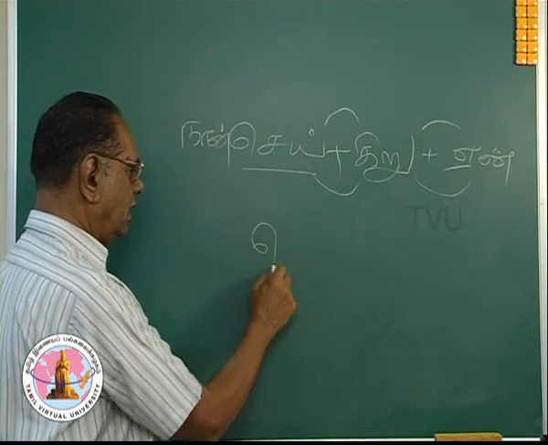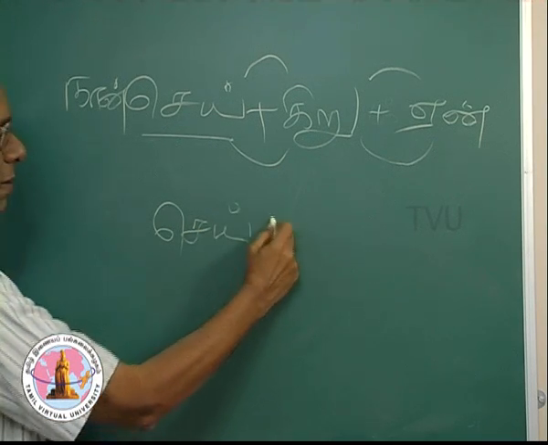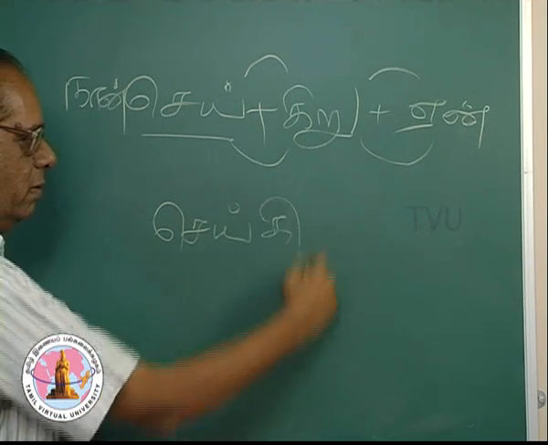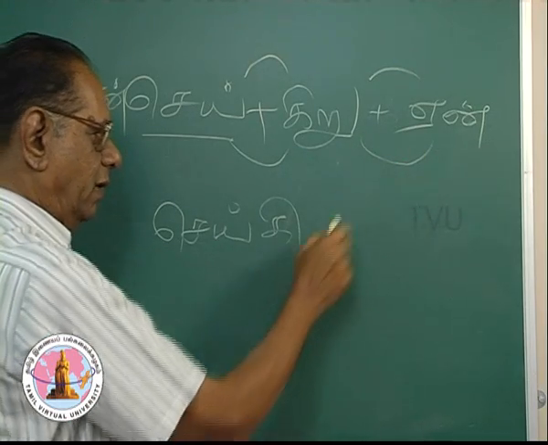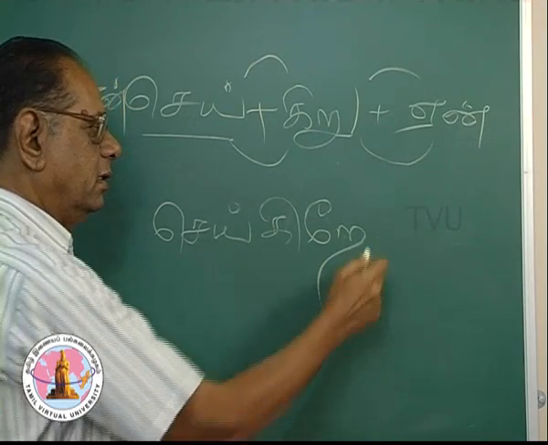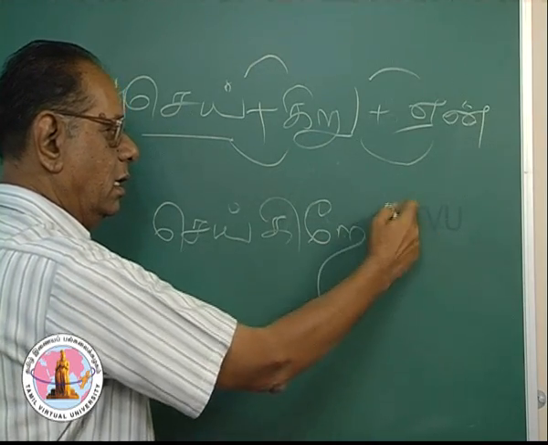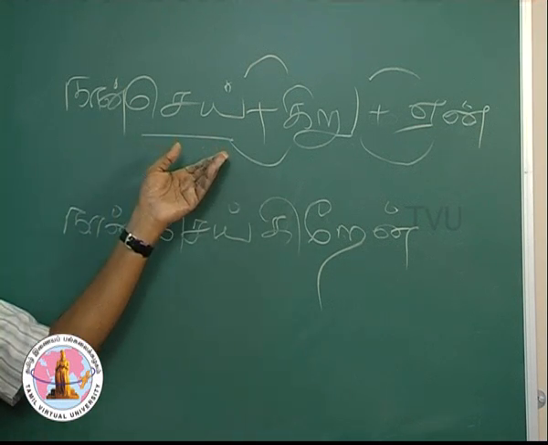This remains the same. று and ஏ become றே. செய் is a command.